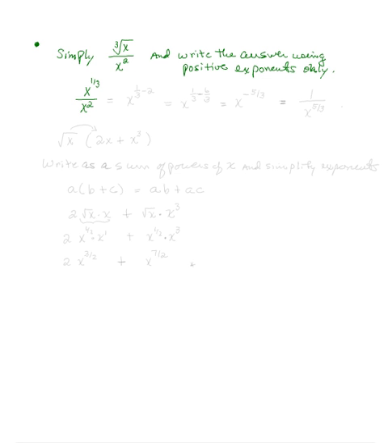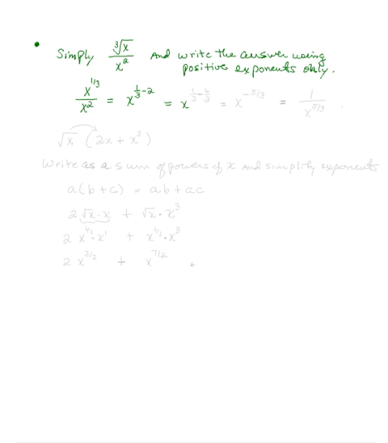So now, whenever you have x to the 1/3 divided by x squared, we apply our rule of exponents. When you divide powers, you subtract the exponents, and so we would have x to the 1/3 take away 2. Now, we should simplify that exponent. If you remember, you have to have a common denominator, which would be 3, and so 2 can be written as 6 over 3.